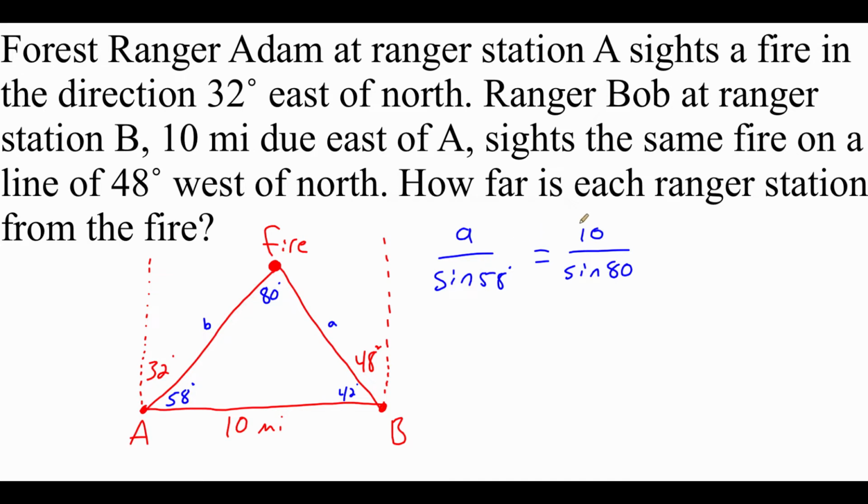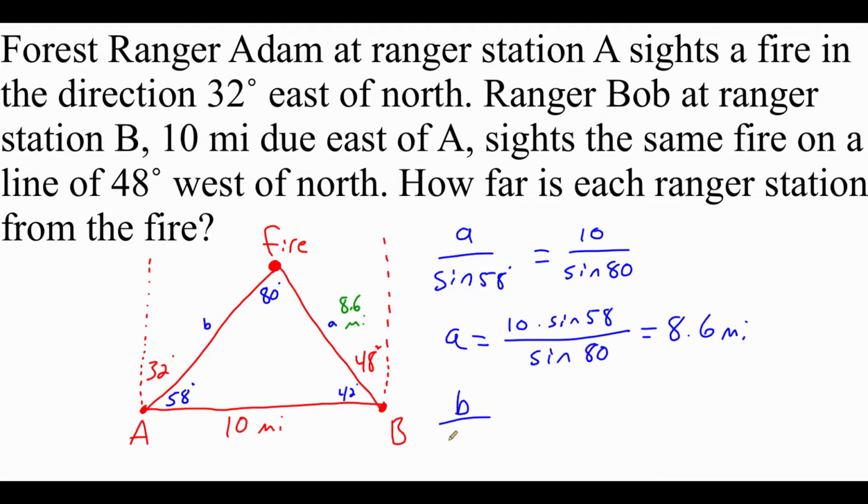Now I'm going to have to multiply that sine of 58 over to the right hand side. So A is going to equal 10 times the sine of 58 divided by the sine of 80. And I'm going to type this into my calculator. And we should end up getting about 8.6 miles as that distance. So I'm going to label that in here. This is 8.6 miles.